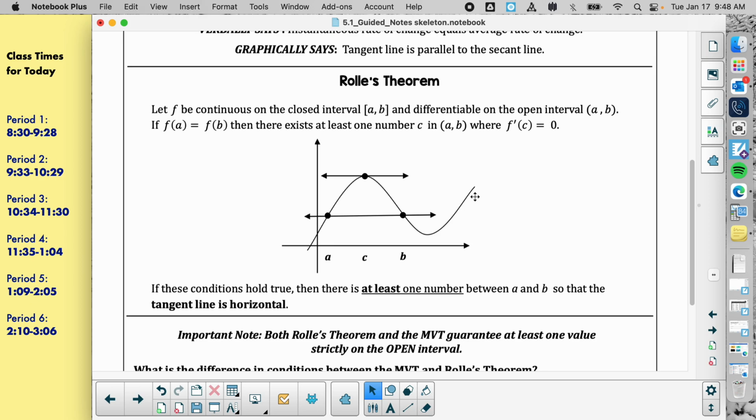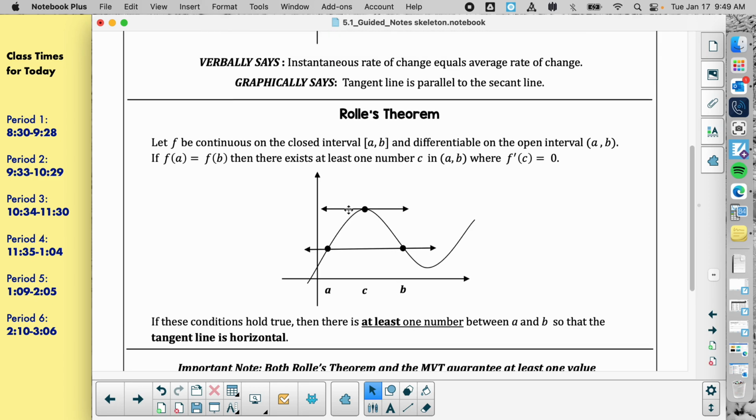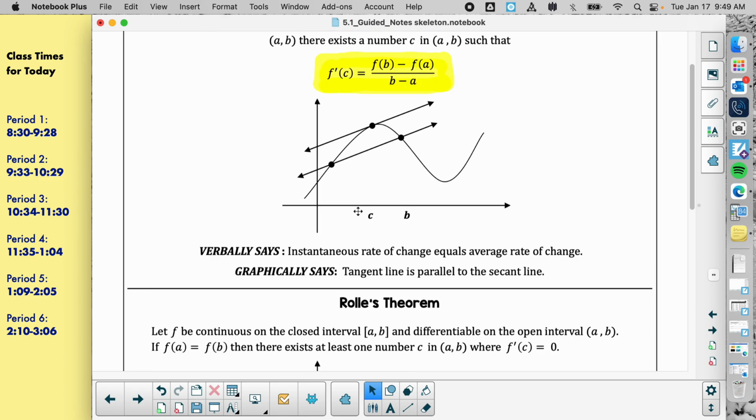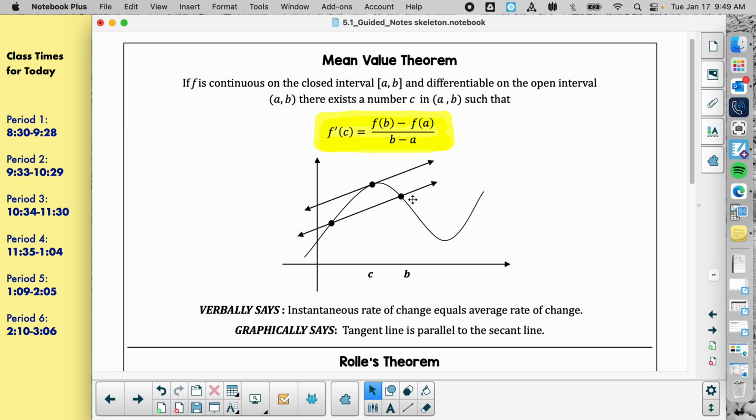So Rolle's theorem is a very specialized subset of mean value theorem, which says that the two endpoints have to be level or equal, or a slope of 0. To this day, I still don't know why this is a separate theorem. To me, mean value theorem just says the two endpoints can be whatever.